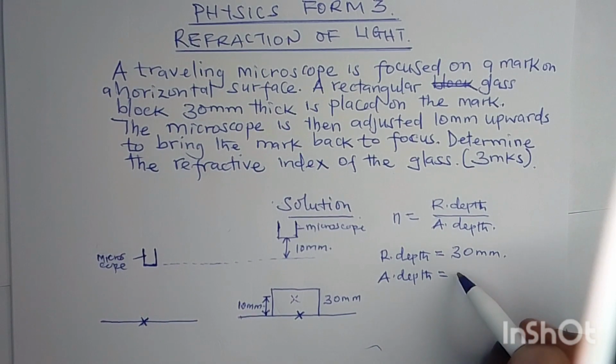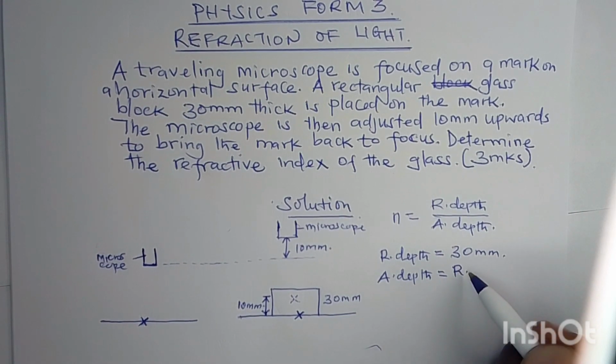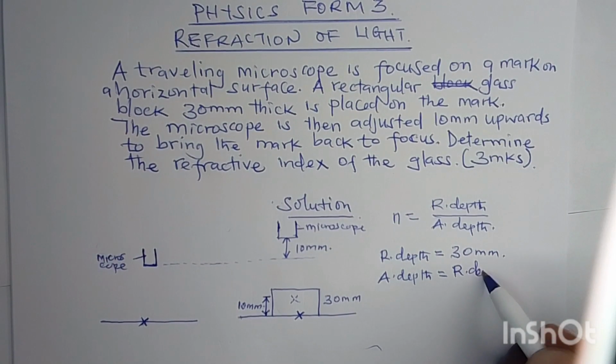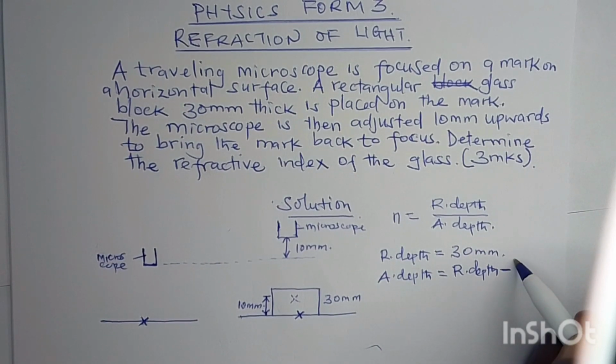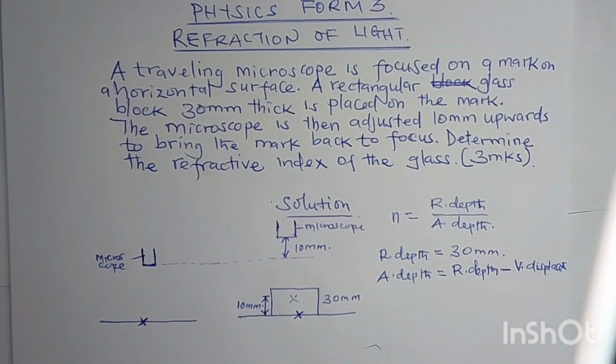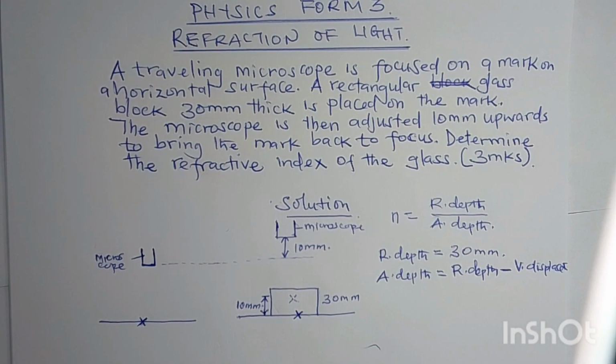Apparent depth is equal to the real depth minus vertical displacement.